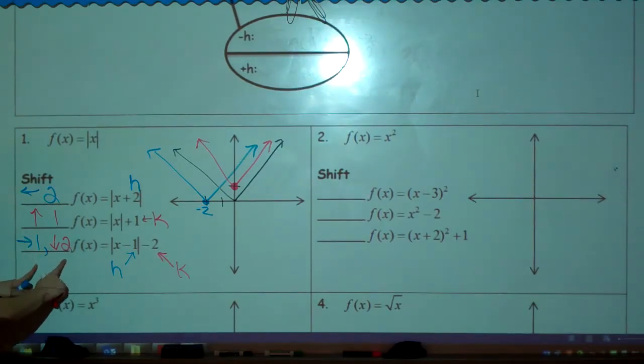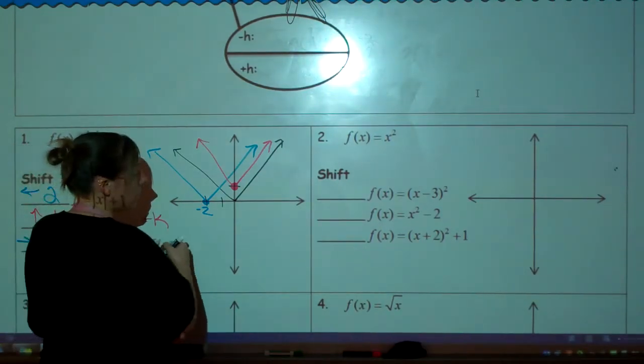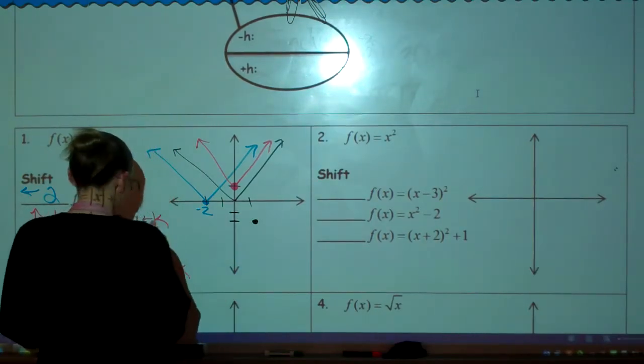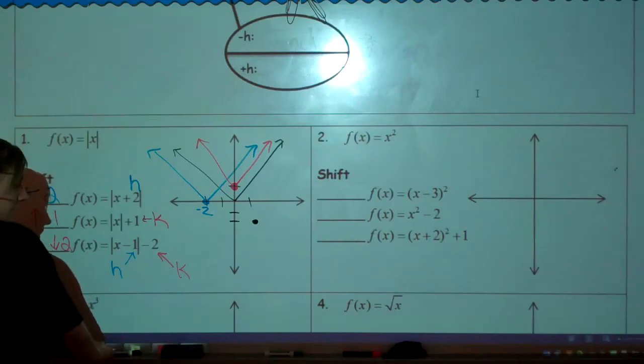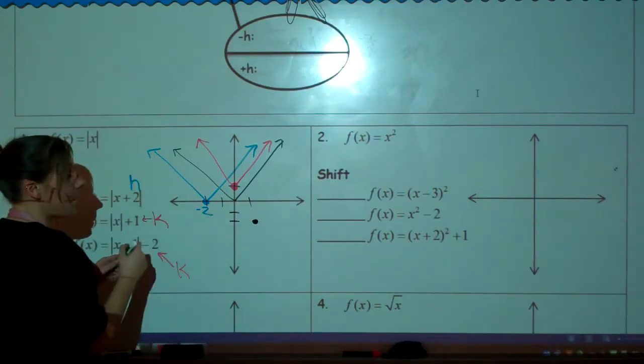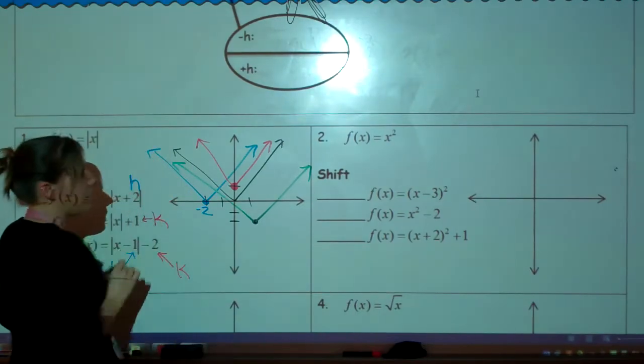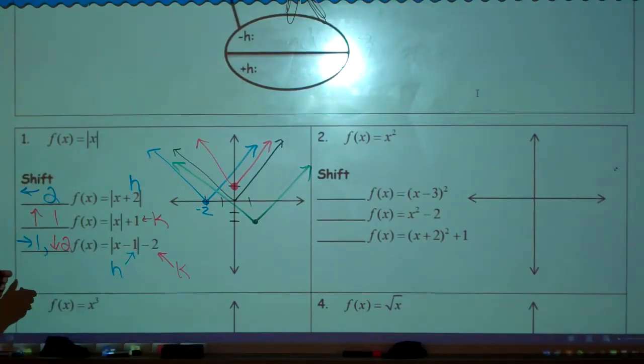So we do both of these. We move it to the right 1, yet we move it down 2. So this last shift moves both, and so it will move to that place on our graph.